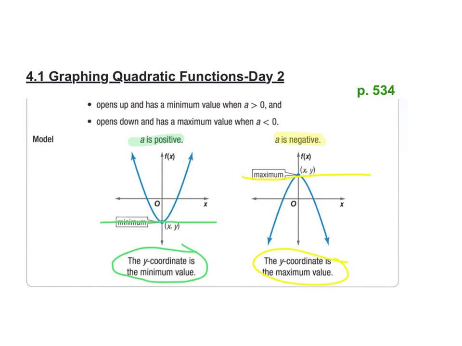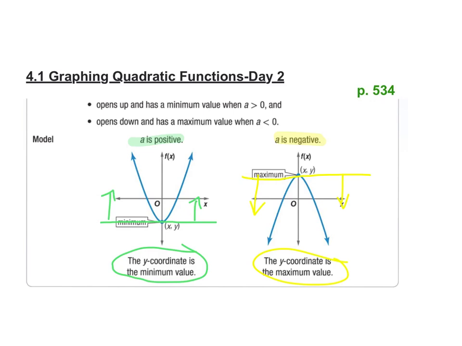So the range is going to be at that y value or greater than that y value when A is positive, meaning it opens up. When A is negative and it opens down, we have that maximum value, so it can be that top y value or everything below it.